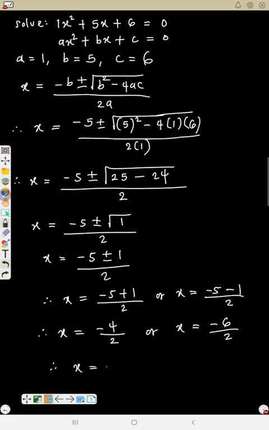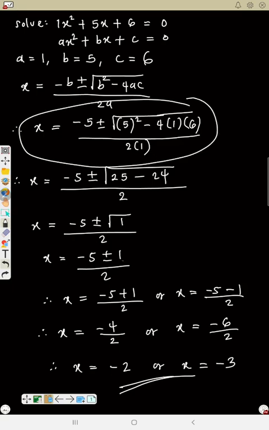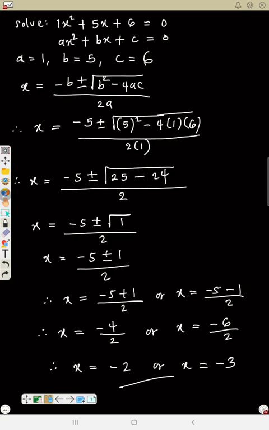So s is equals to minus 2, or s is equals to minus 3. Answer. So this is how we can use the formula method. From here, everything we are doing is just pressing the calculator. So the formula is easy if you can substitute the values.